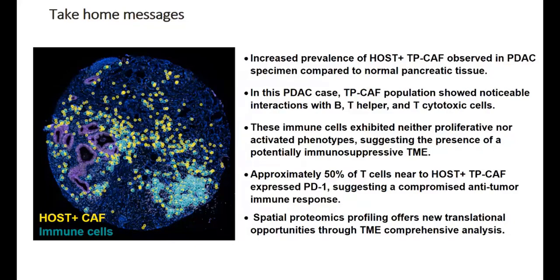I just want to close saying that spatial proteomics profiling is now offering new translational opportunities, because we can make a more comprehensive analysis of the tumor microenvironment. In particular, we're planning to apply this knowledge, combining the functional status of the tumor-promoting calves with the interaction of immune cells.